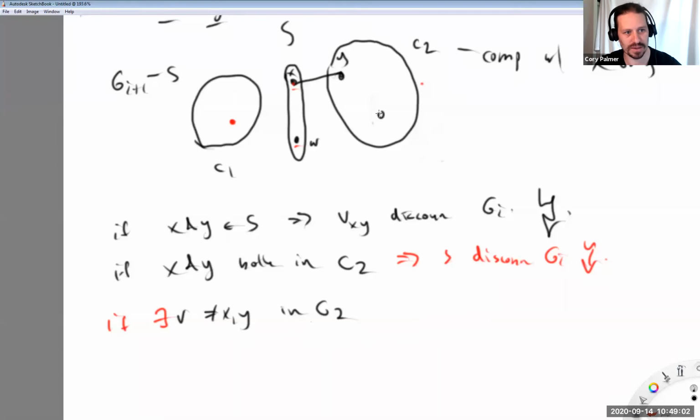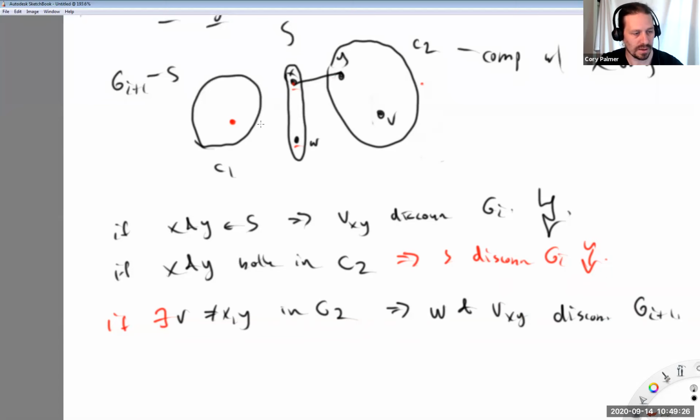So if there's another vertex in here, V, in C2, then W and VXY separate or disconnect GI plus 1, right?